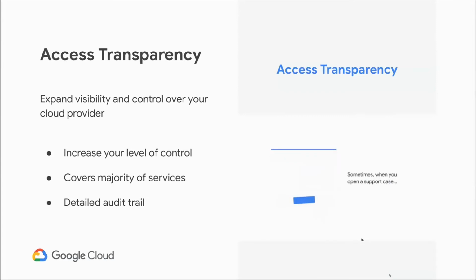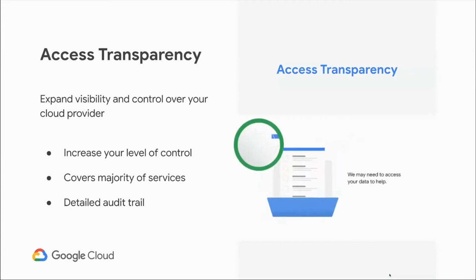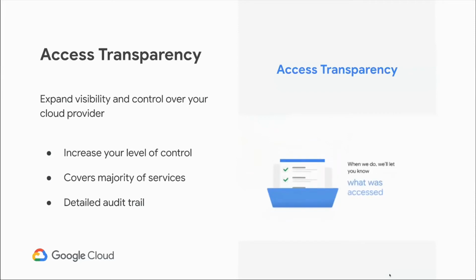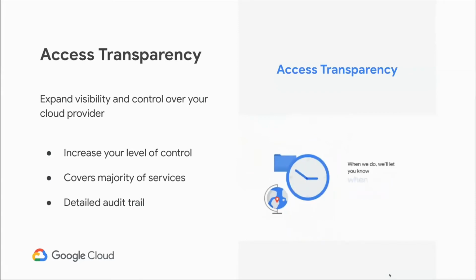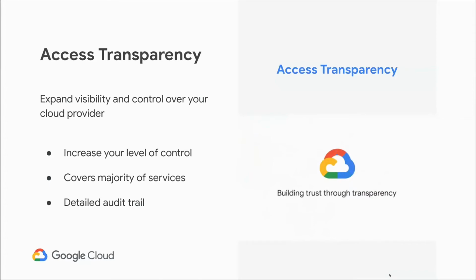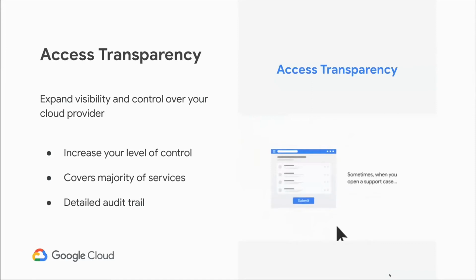As part of that commitment to help you secure your data and workloads, we believe that trust is created through transparency. You may be familiar with cloud audit logs, not just in Google Cloud, but other cloud providers, which are operation logs that can help you answer questions like who did what, where, and when, related to the cloud artifacts in your cloud projects.